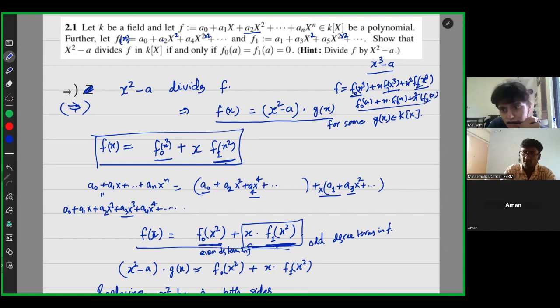This polynomial is 0 if and only if f0 of a, f1 of a, f2 of a are 0. So f1 and f0 are not random things. They are coming out of f with this setting that this star holds.